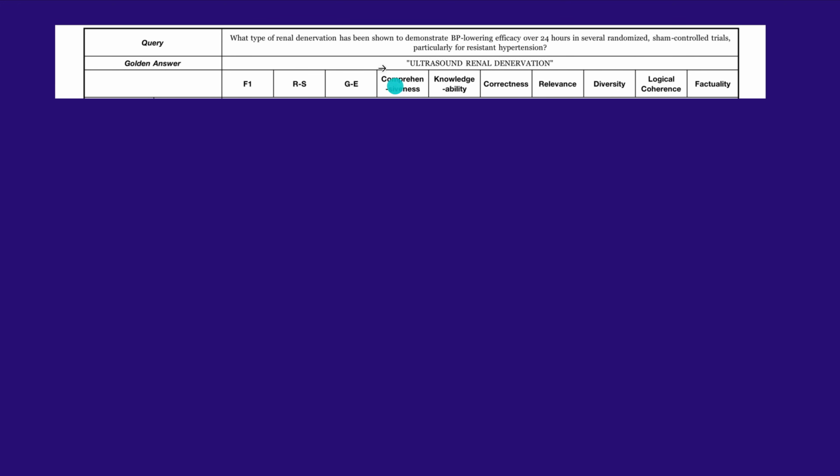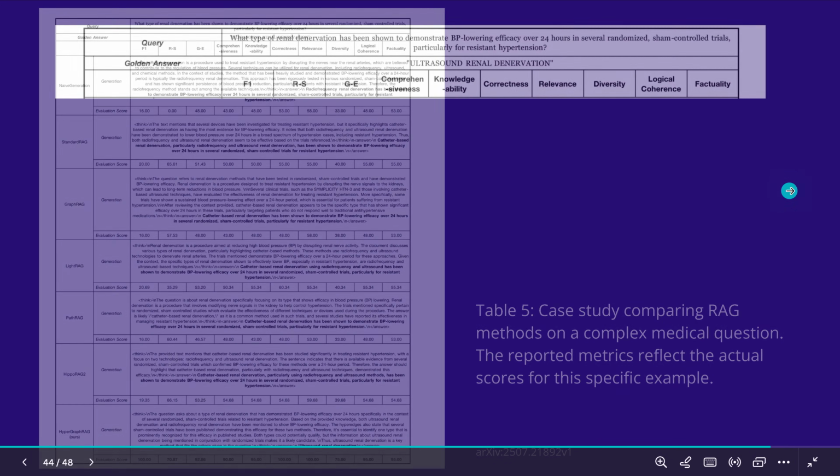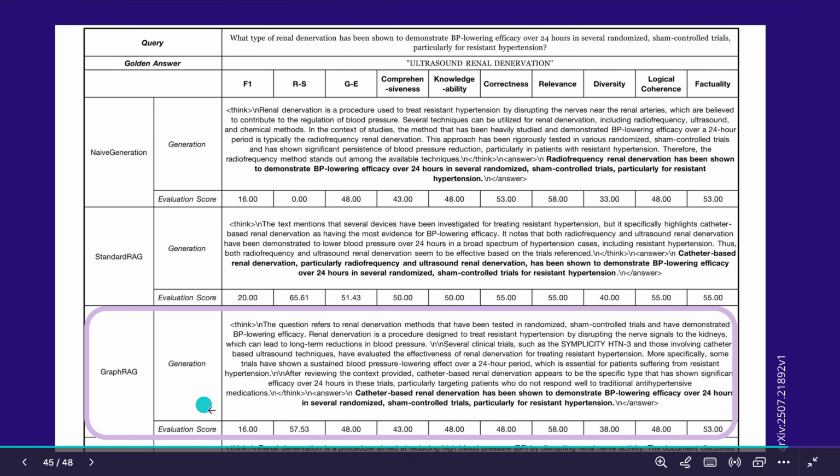And then we have here a lot of benchmarks, different perspectives of the machine. So let's have a look. You see we have standard RAG, GRAPHRAG, LightRAG, PathRAG, HyperRAG, and the HyperGraphRAG. So let's look at the first three. Naive, great. Standard RAG, you have the scoring for each of the benchmarks. And then the GRAPHRAG with the evaluation scoring.